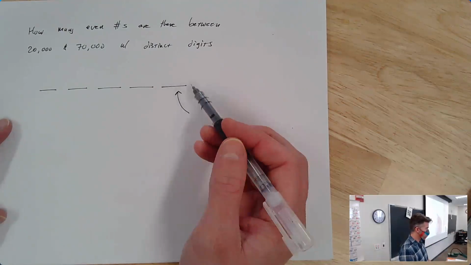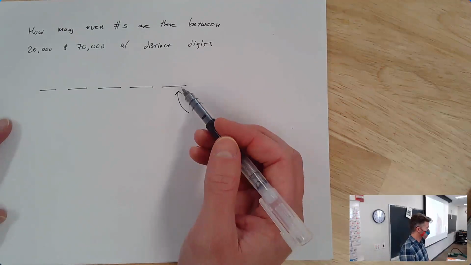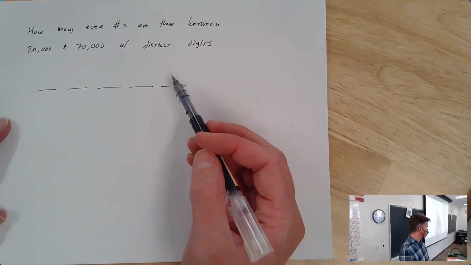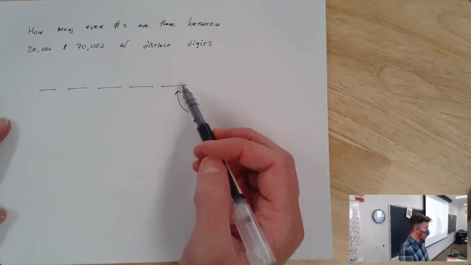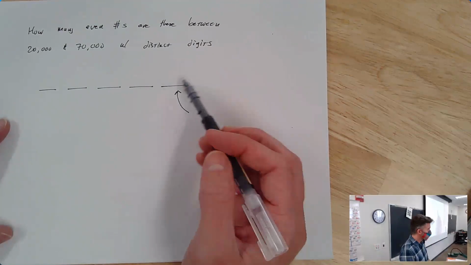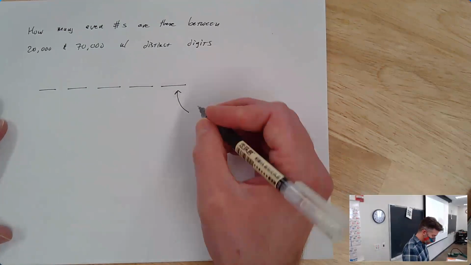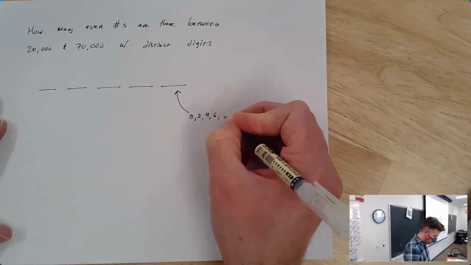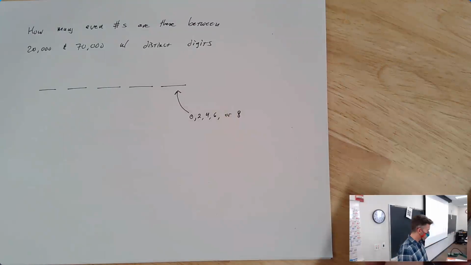Even numbers have to end with even numbers. I can't have a 1 there, otherwise it would be odd. Or a 3, or a 5, or a 7, or a 9. The last digit of an even number overall has to be even. It has to be 0, 2, 4, 6, or 8.